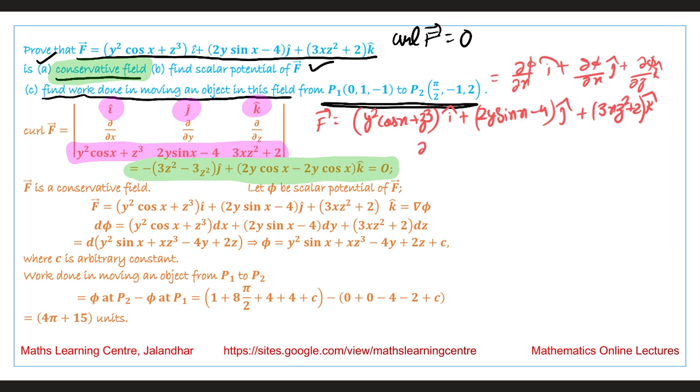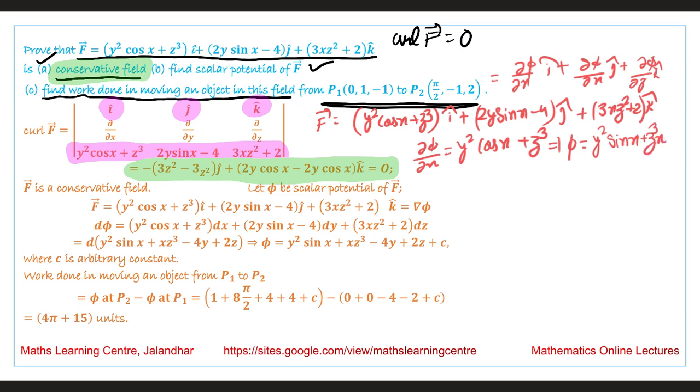So we obtain curly phi by curly x is equal to y square cos x plus z cube. From this we can say that the value of phi is equal to y square sin x plus z cube x.